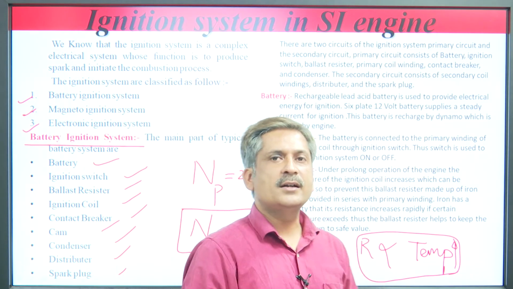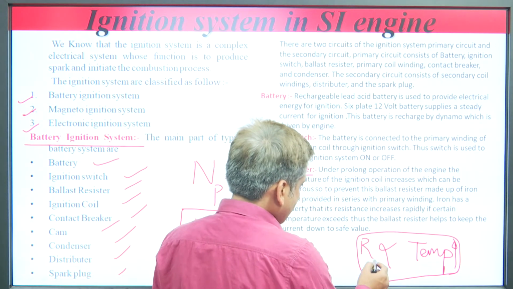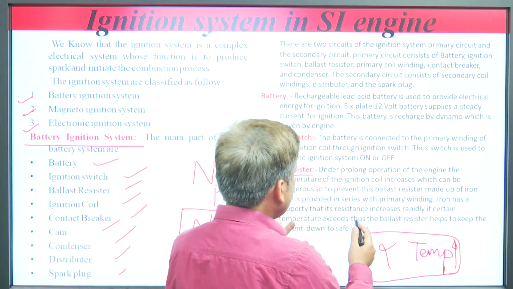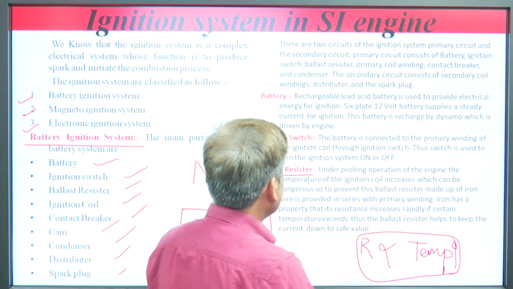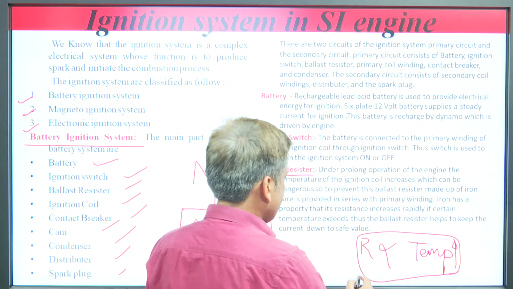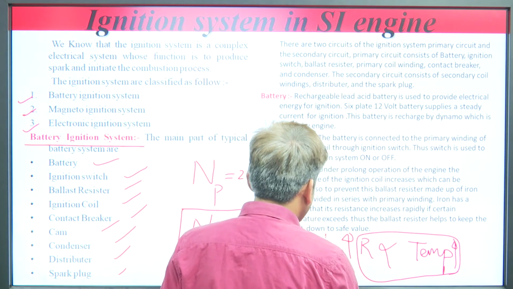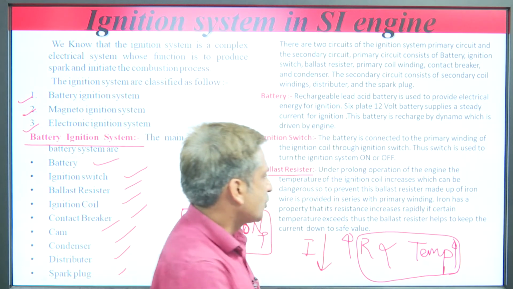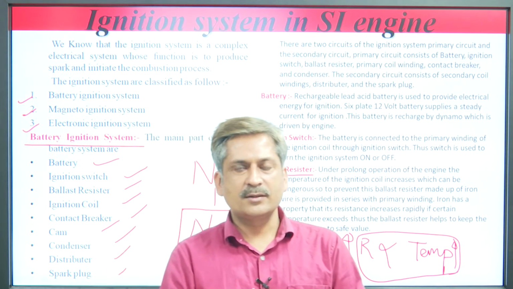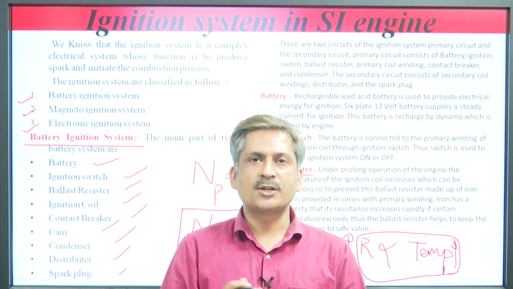So, how is this less current obtained? The ballast resistor is generally made of iron, so it increases the resistance and reduces the current to the corresponding circuit. That is why it makes the ignition coil safe.